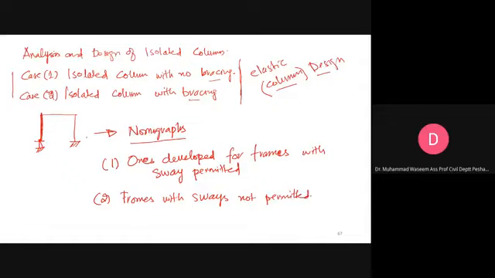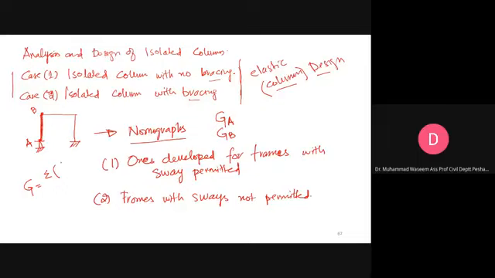But in order to use these nomographs, you need these values, GA and GB values. For example, this is a column, this is A, and this is B. So we have to compute GA and GB values. What are GA and GB? The G value is the summation of stiffnesses of columns divided by the summation of stiffnesses of beams.